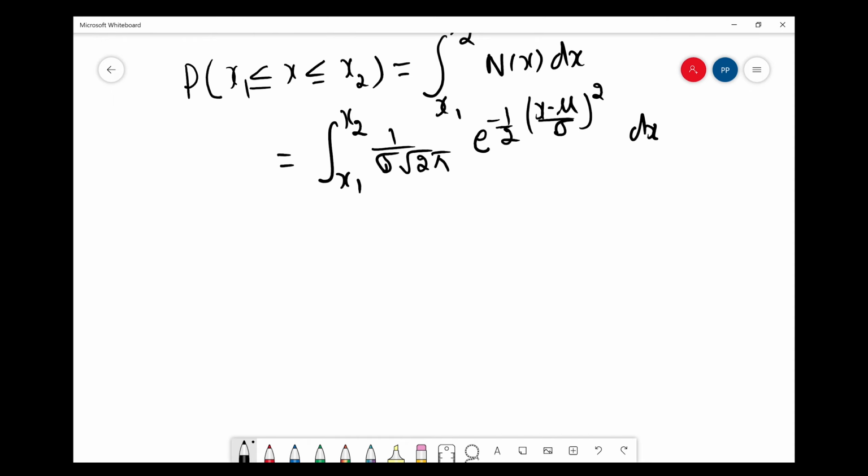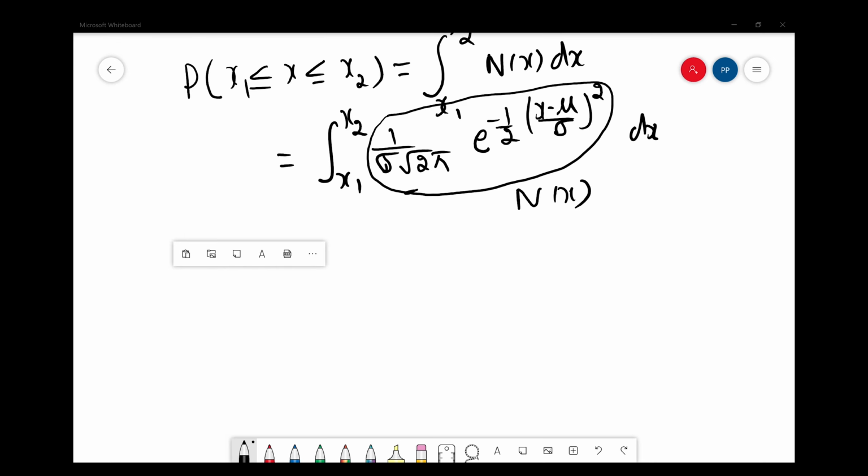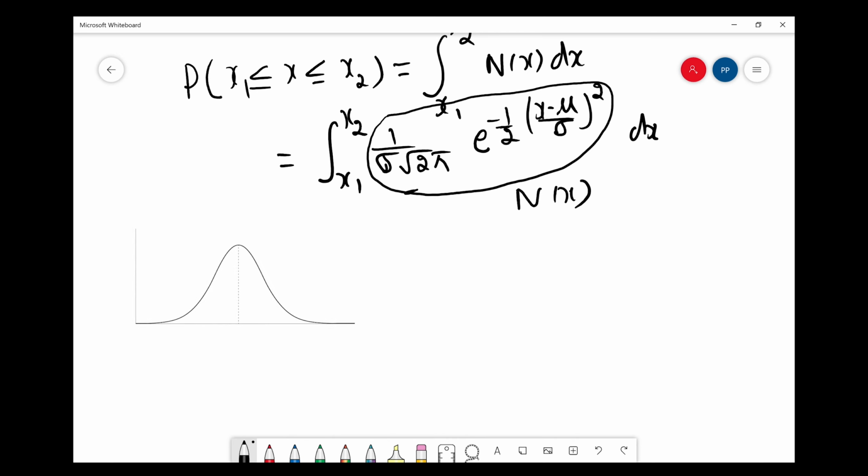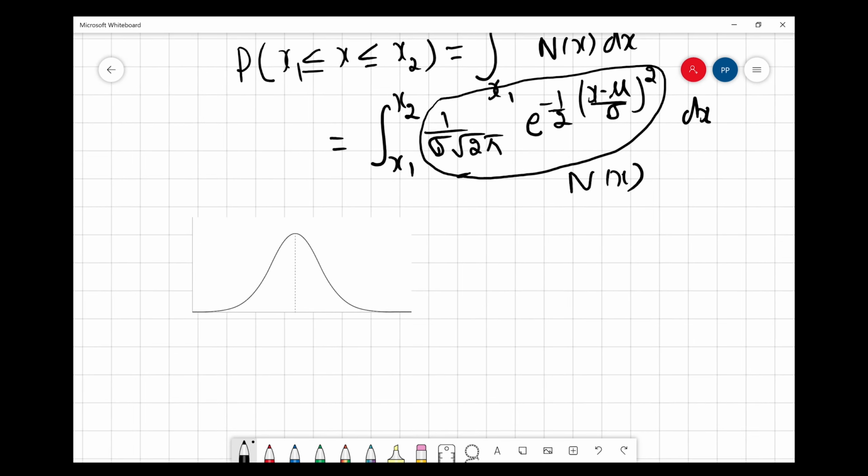Now the question is how to evaluate this. We know that a definite integral of this form gives the area below the curve y, where y is this function. If you consider the graph of N of x, you get the normal curve like this.